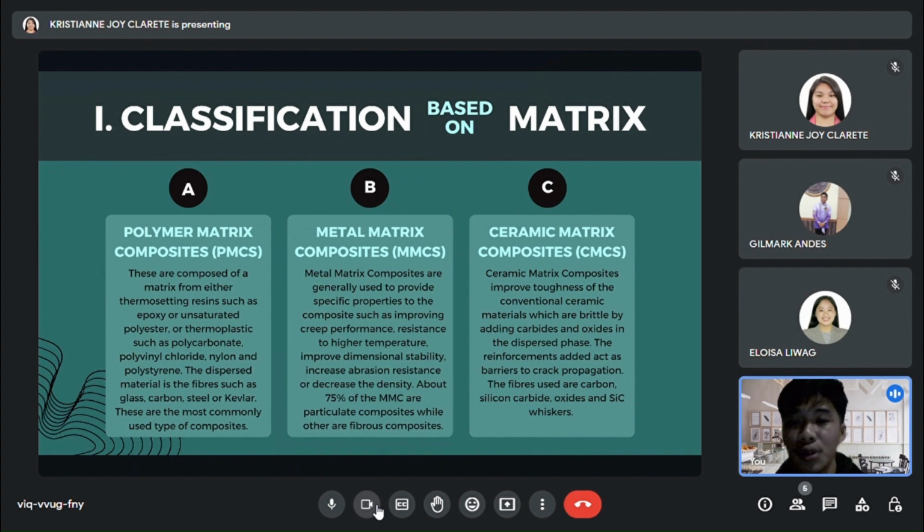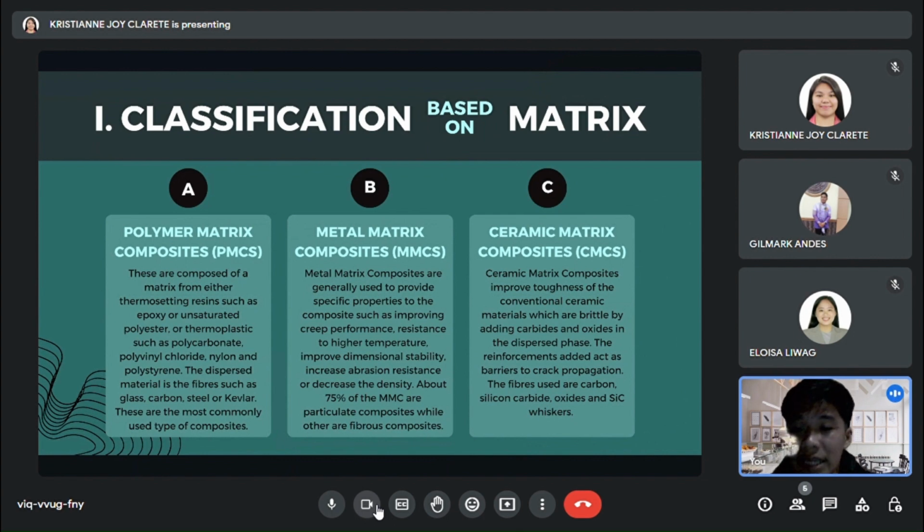These are composed of matrix from either thermosetting resins such as epoxy or unsaturated polyester or thermoplastic such as polycarbonate, polyvinyl chloride, nylon, and polystyrene. The dispersed material is the fibers such as glass, carbon, steel, or Kevlar.